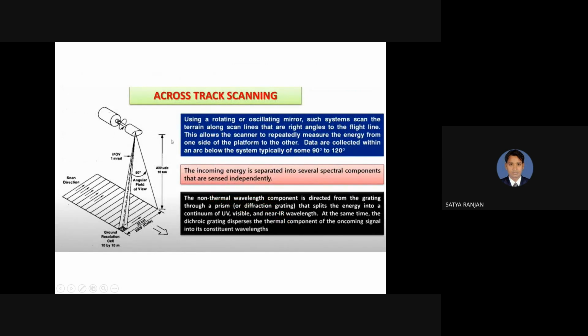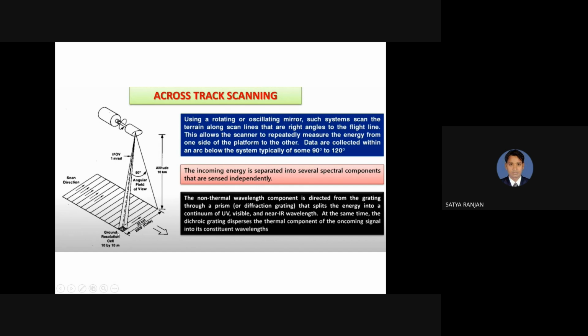So in satellite images there is the across track scanning system, and then the along track scanning system. Across track scanning is one of the important scanning systems that uses a rotating oscillating mirror. The system scans the terrain along scan lines that are at right angles to the flight line.